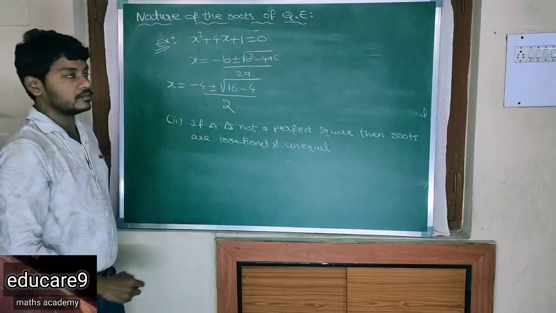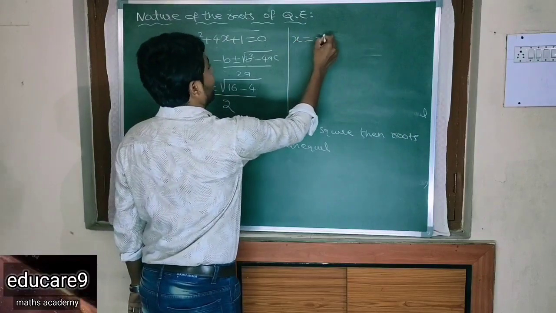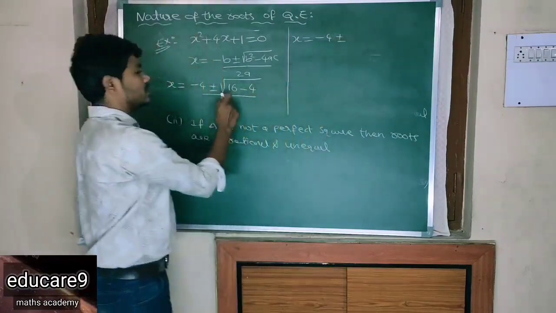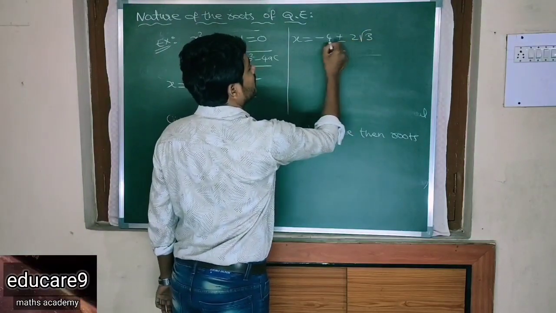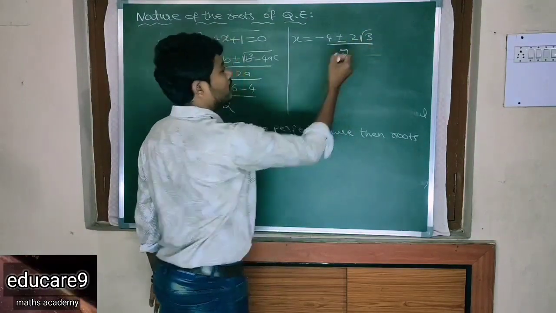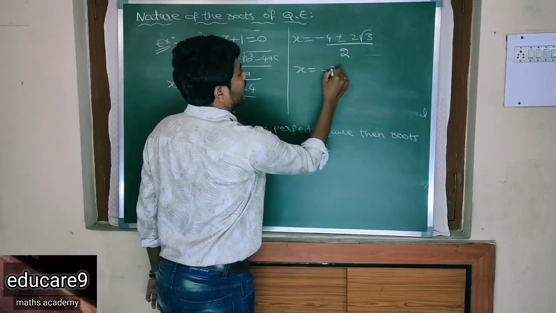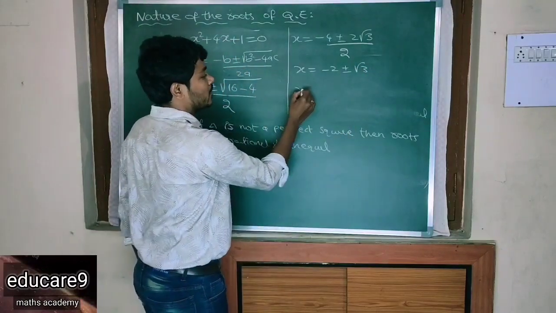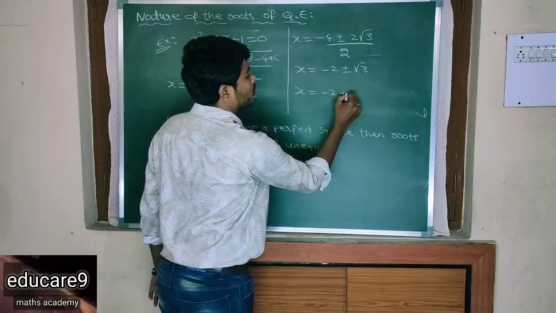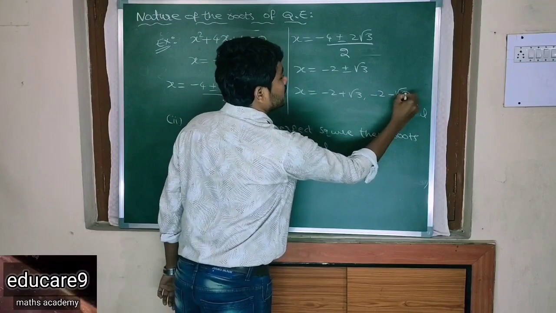Now x is equal to minus 4 plus or minus root 12. Root 12 we write as 2 root 3. So this is also written as x is equal to minus 2 plus or minus root 3. So what are the two possibilities? x is equal to minus 2 plus root 3 and minus 2 minus root 3.